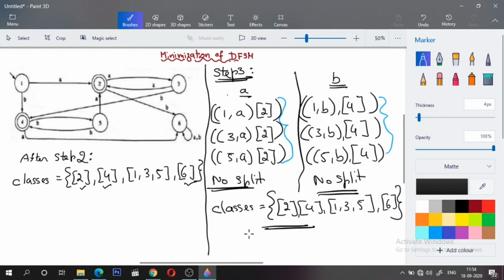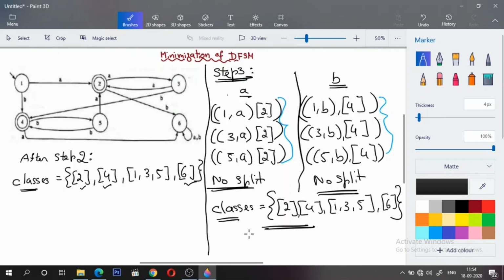Now if you observe, the content of the classes after step 3 is the same as the content of the classes after step 2, right? So which means that I need to stop my iteration, and this is the minimum number of states that I get after performing the minimization of DFSM. Okay, so these are the states I get. I need to stop my iteration.